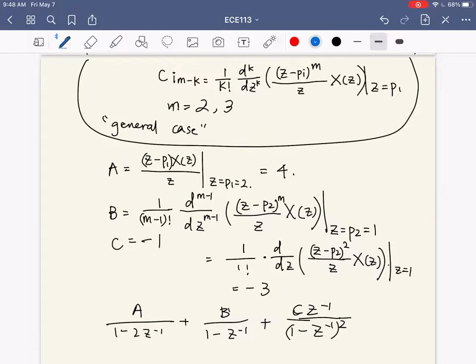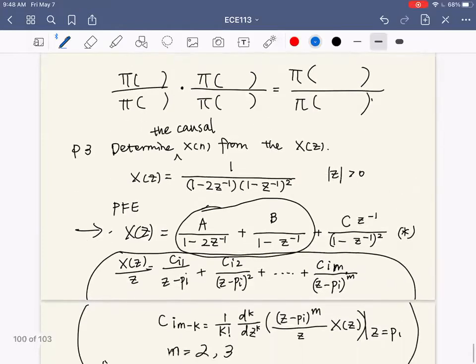So when your poles are distinct, which means that they don't repeat themselves, we only need to list them in the order of 1, okay? And if it repeats twice, we need to write down its original form and then the square of it. If the repeating times is m, we need to continuously write this sequence until we have the original form to the m.